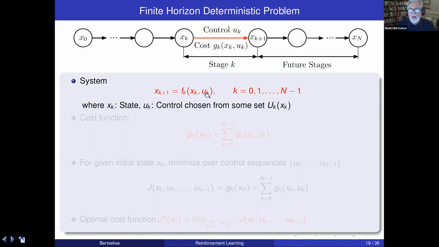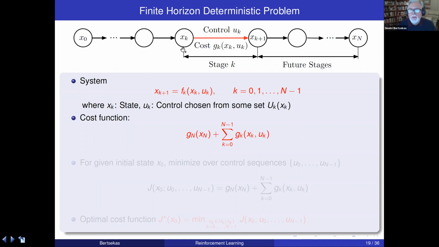Once you apply control uk at a given state xk, the cost of the transition is determined, and the next state is also determined. The control is chosen from this constraint set here, which may depend on the stage and also on the current state.